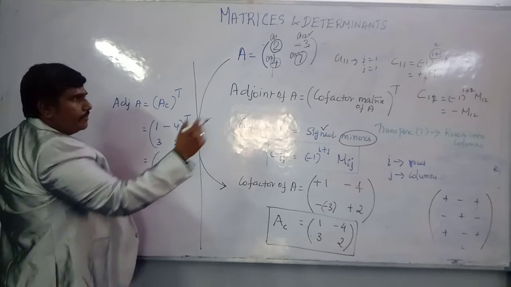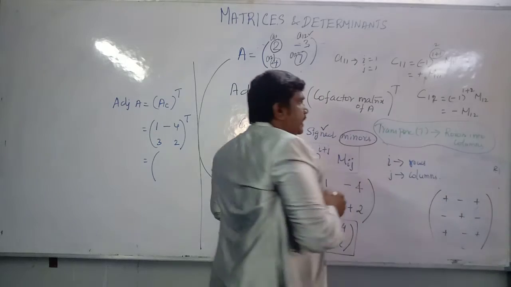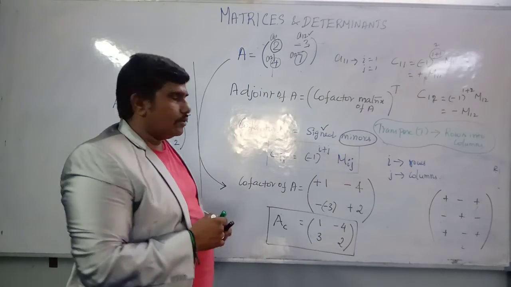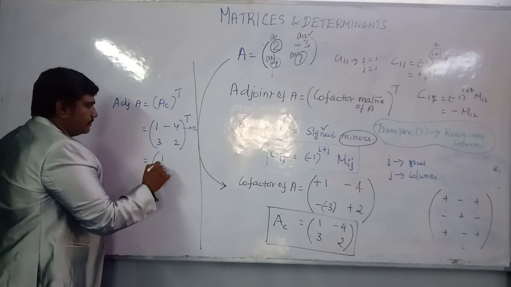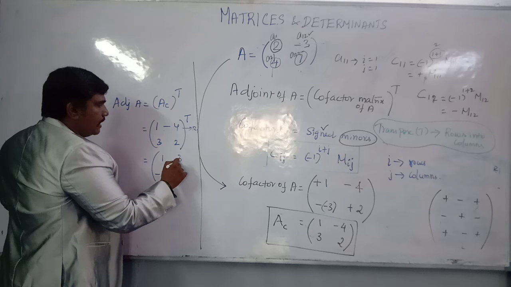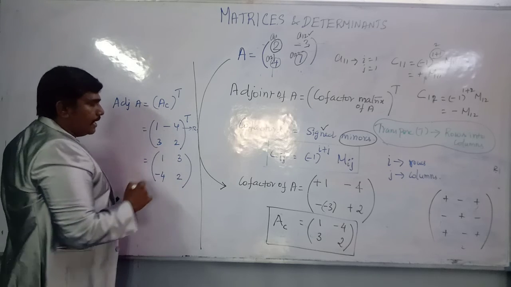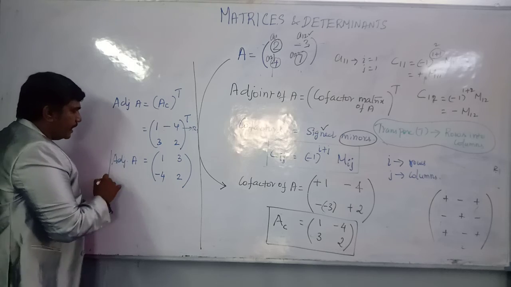Transpose is nothing but writing rows into columns or columns into rows. I am writing the first row as the first column, that is 1, minus 4, and the second row, 3, 2, as the second column, right? So now we have got the adjoint of A.